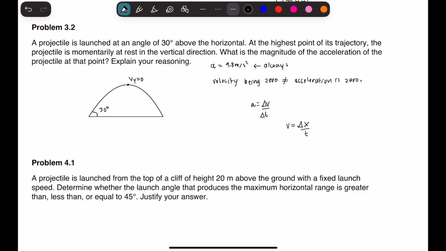And just because the velocity is equal to 0 does not mean the acceleration is equal to 0, because the acceleration is always going to be 9.8 meters per second squared. So just because the velocity is 0 doesn't mean that the acceleration is 0.